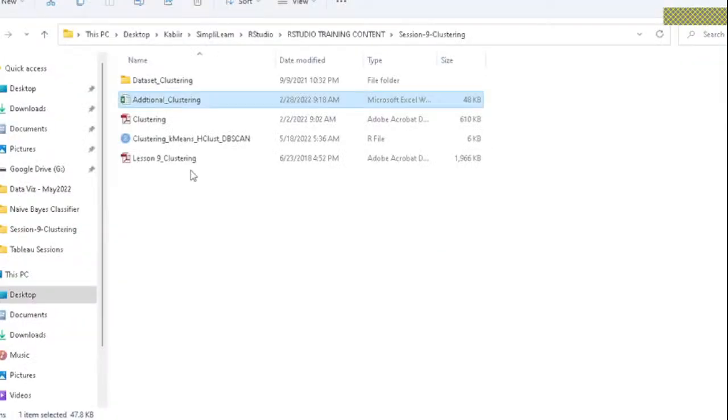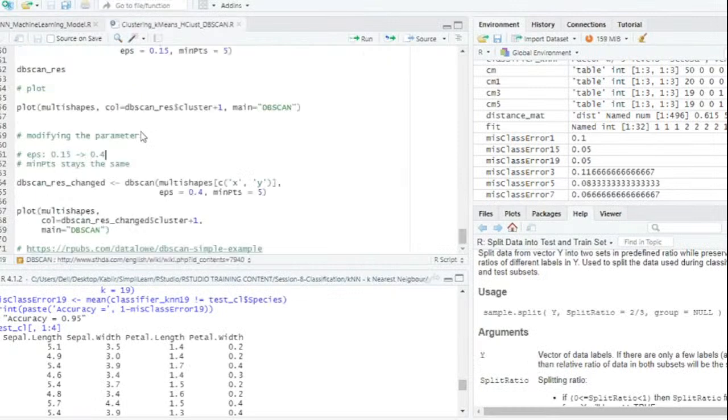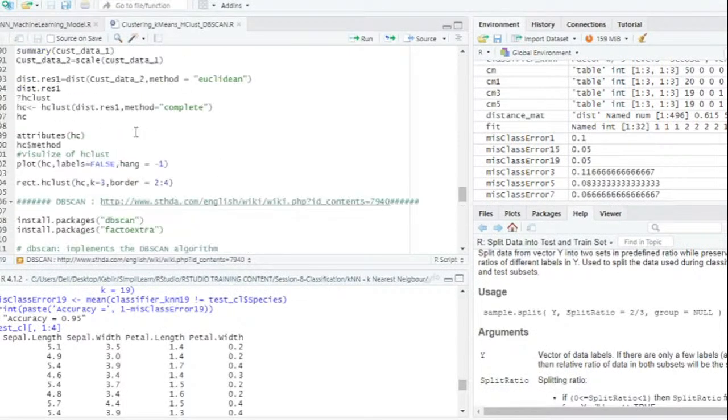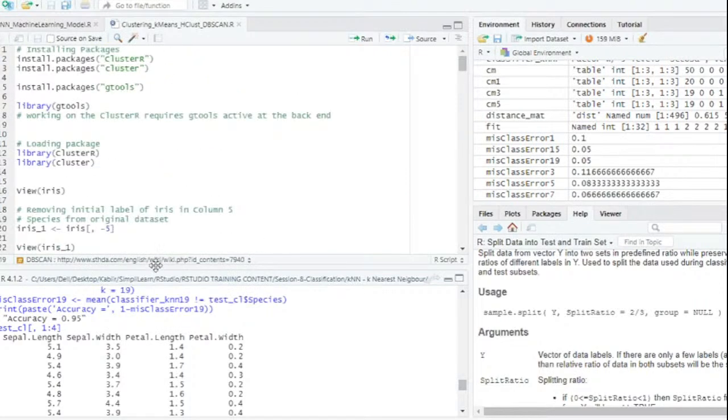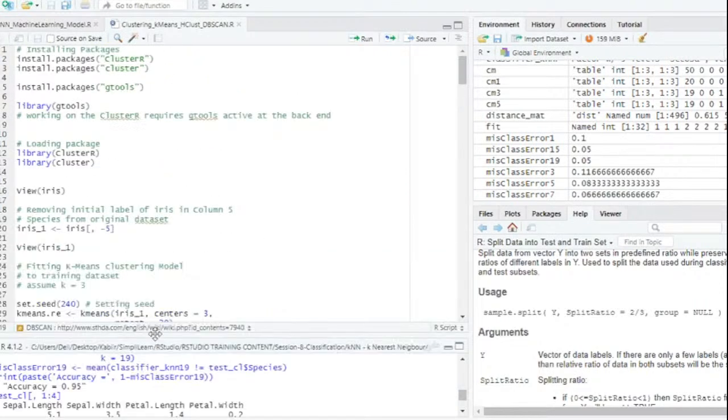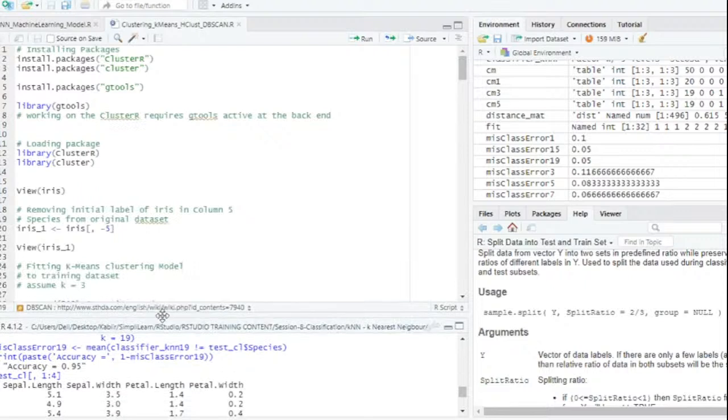Let's go to R. You have to install 3 packages.